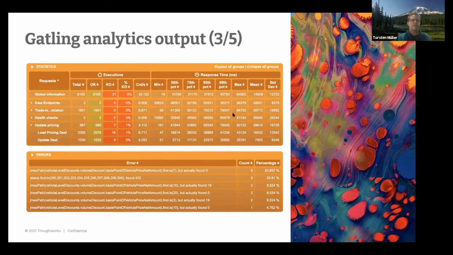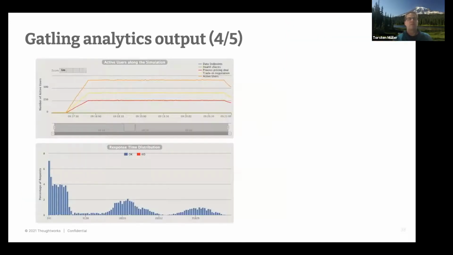So you got a pretty good idea of how your system works. Down here, it even reports to you which checks have failed and what percentage and how often. So you can go and figure out if there may be something that you can improve with your coding or a bigger server or more services.